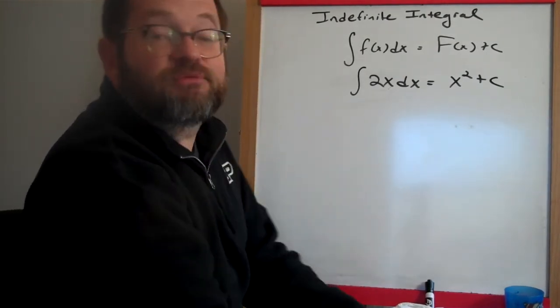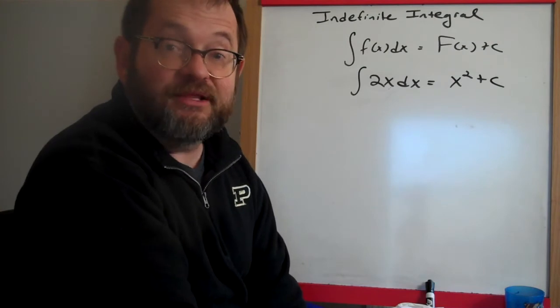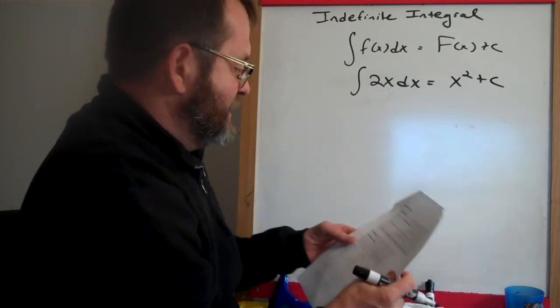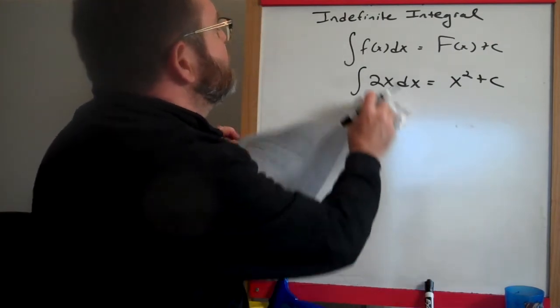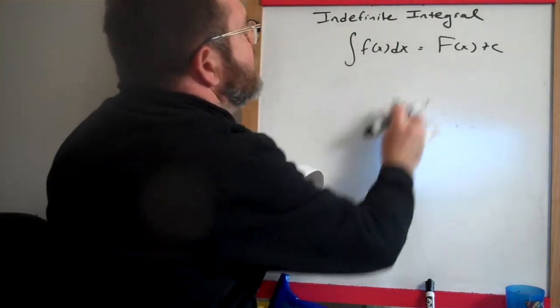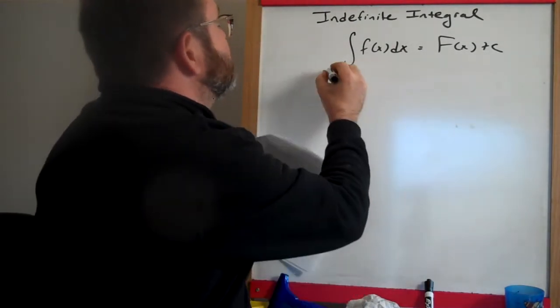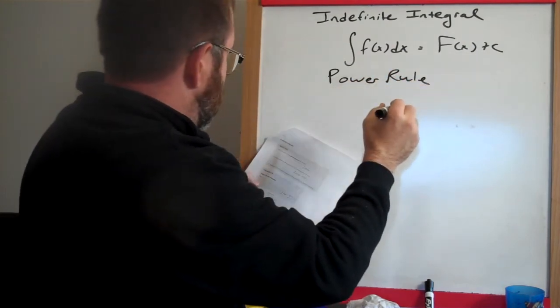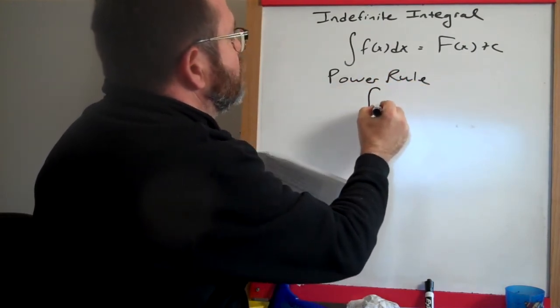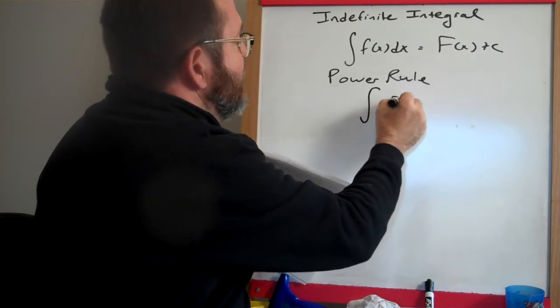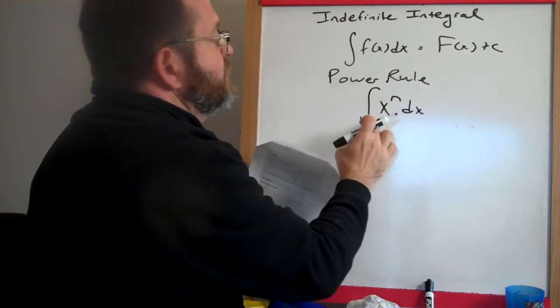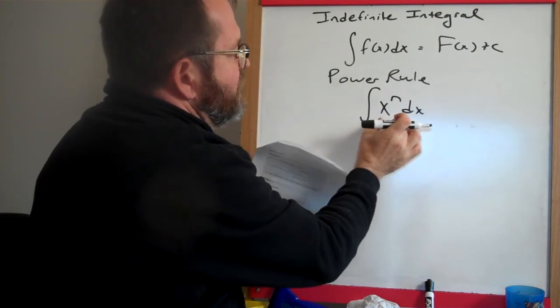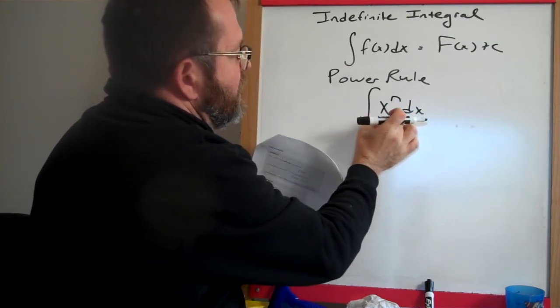Actually, much like was the case with derivatives, where we quickly learn some rules that make things a lot easier, probably the best and most important rule in indefinite integrals is the power rule. If you have any kind of integral of x to the nth power, okay, so see how we wrote this here, indefinite integral of x to the n.